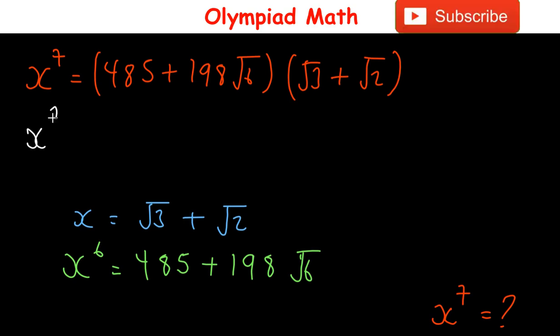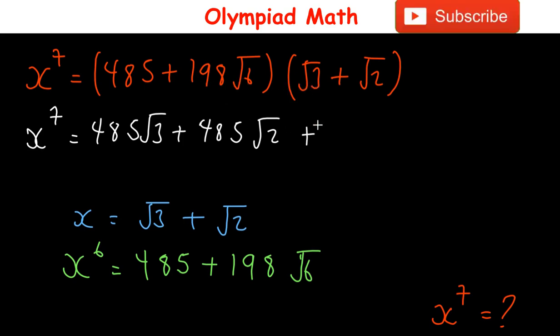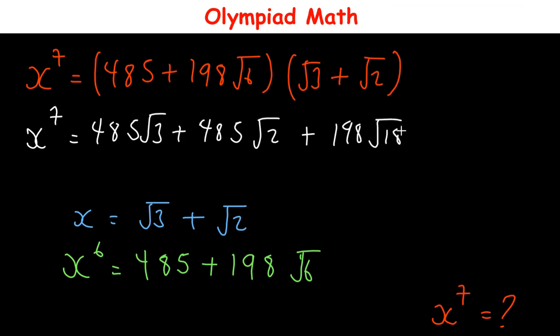So x raised to power 7 is equal to 485 times root 3 is 485 root 3, then plus 485 times root 2, 485 times root 2. So plus 198 root 6 times root 3 is 198 root 18, which is root 9 times 2.